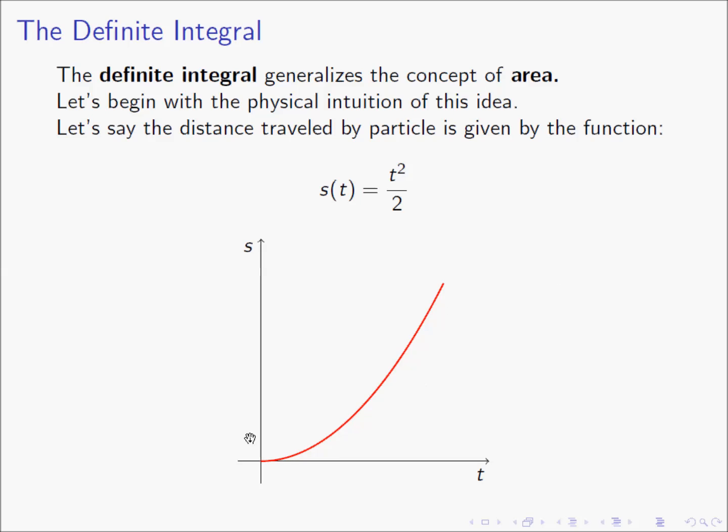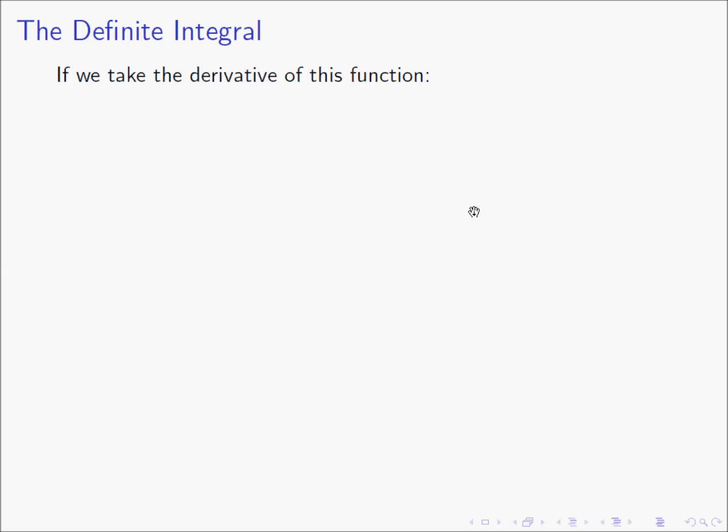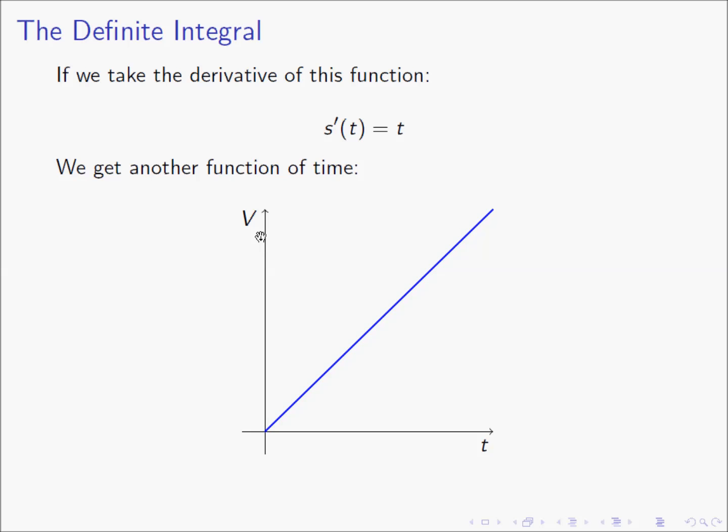Now we have distance traveled, and if we take the derivative of this function, we get s prime of t, and that will be t, because s of t equals t squared over 2. This is another function of time that, if we graph it, gives a straight line like this one.